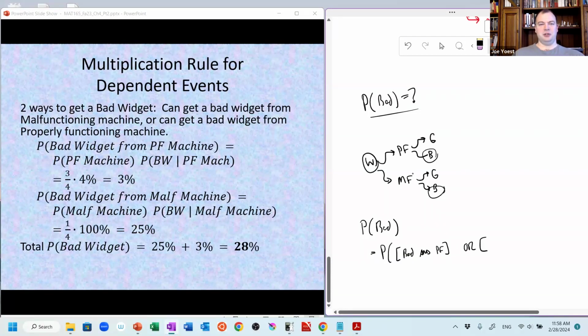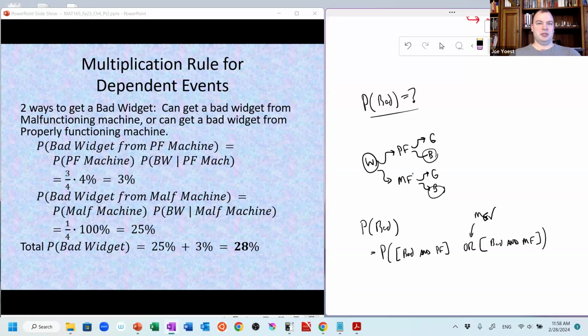Or, and I'm being careful to use brackets here to show the precedence of the and versus or, the widget could be a bad widget and have come from a malfunctioning machine. This is clearly a mutually exclusive situation. A given widget that I pick could not simultaneously have come from a properly functioning machine and also come from a malfunctioning machine.